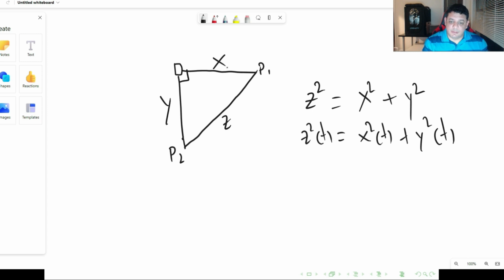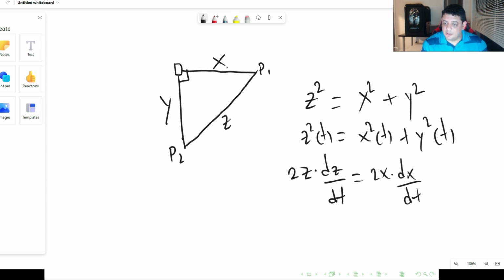Then if we take derivatives, this is an implicit derivative, and we have 2c times dc/dt equals 2x times dx/dt. Notice that I'm doing chain rule here, plus 2y dy/dt.